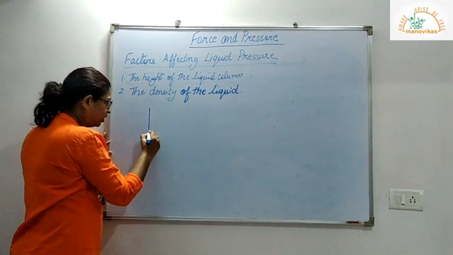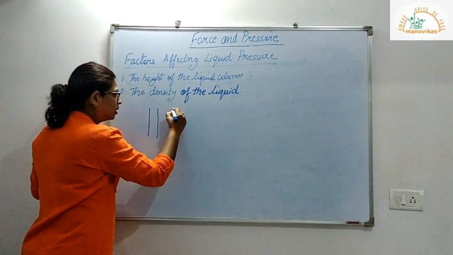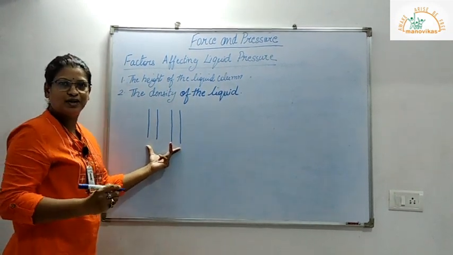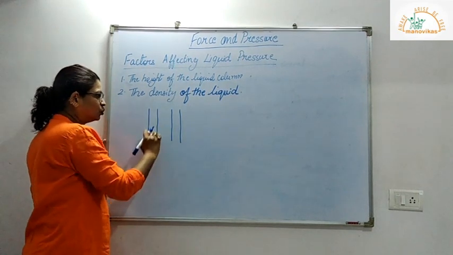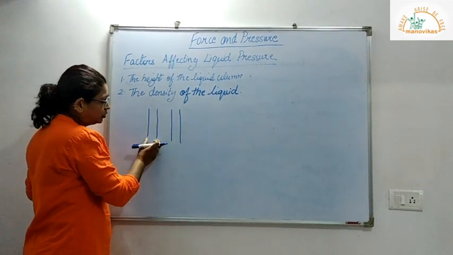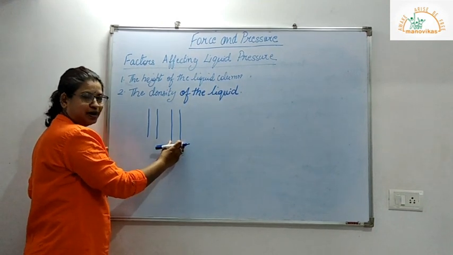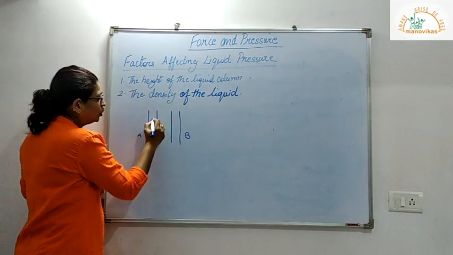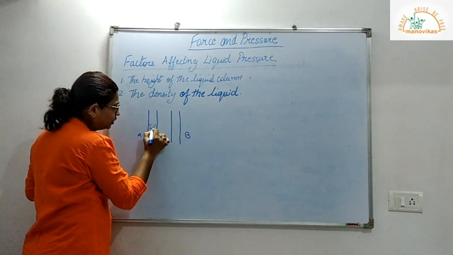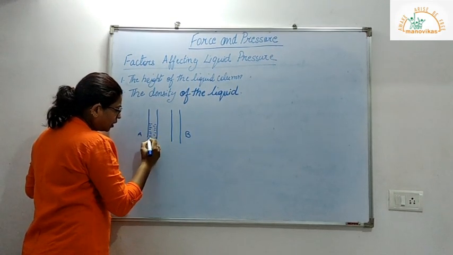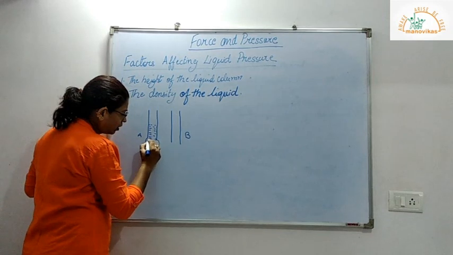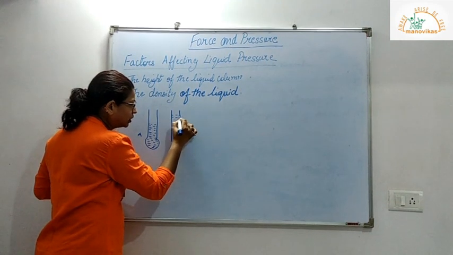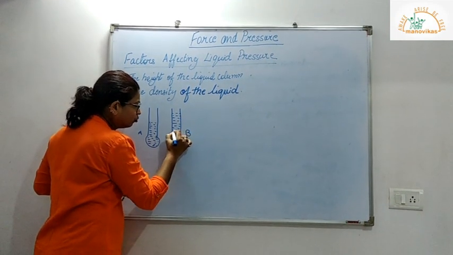You take two glass tubes, with both the ends open, and you tie balloons at the bottom of the glass tubes. Say this is glass tube A and this is B. You fill the first tube A with liquid, and even the second glass tube with liquid, say water.